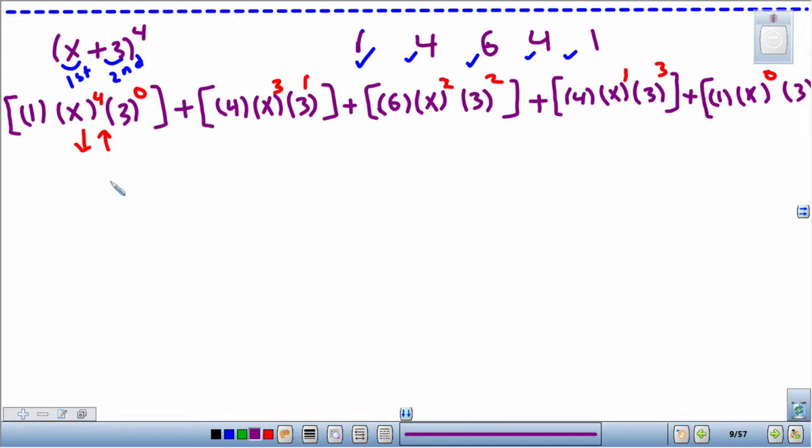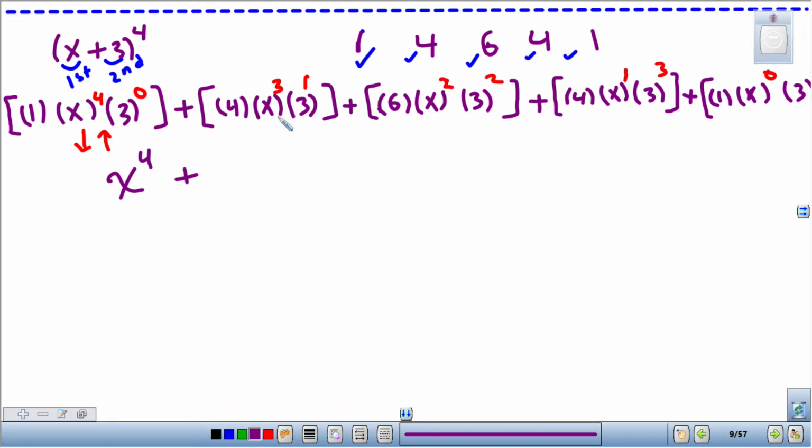Well, that's not surprising. 3 to the 0. How much is 3 to the 0? It's 1. Anything to the 0 is 1, except itself, obviously. Plus, this one drops the way it is here.